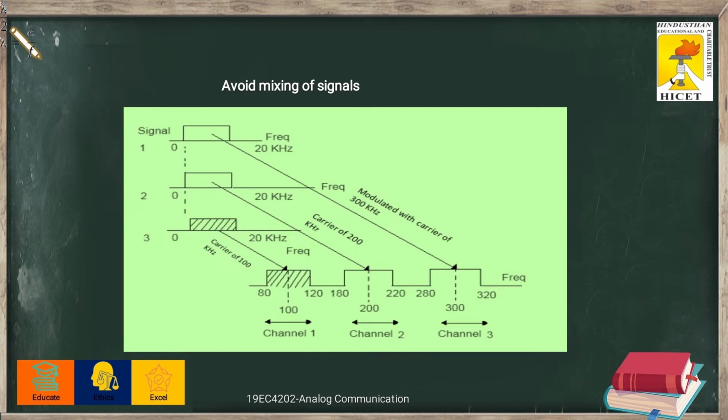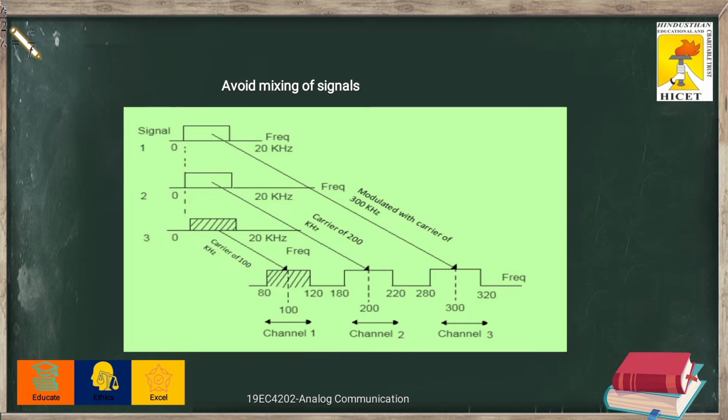Signal 1 is modulated with a carrier of frequency 300 kilohertz and it is translated to a different frequency range where it is sent through channel 3. The second signal is modulated with the help of the carrier of 200 kilohertz frequency and it is transmitted through channel 2.